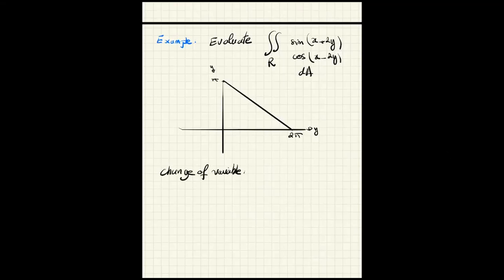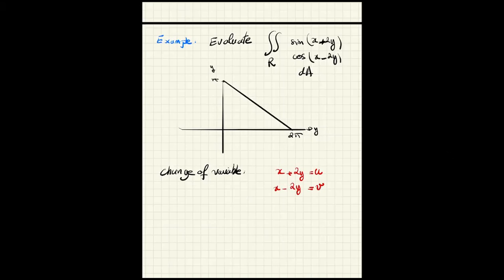So when I say it's obvious, it's because you have to try something and then see if it's going to work. The one that's going to work here is the obvious one. It's going to work if I have x plus 2y equal to u, and that is the simplest way, and x minus 2y equal to v.